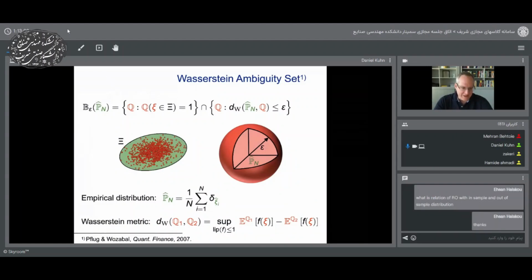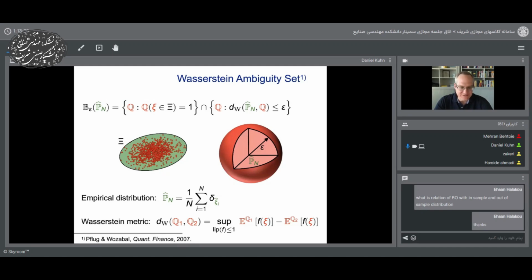I will discuss this, but I first need to complete my description of the ambiguity set. It's the set of all distributions in a ball of radius epsilon that live on the set capital Xi. What remains is to tell you how I measure the difference between two different distributions. What we propose here is to use the Wasserstein metric.